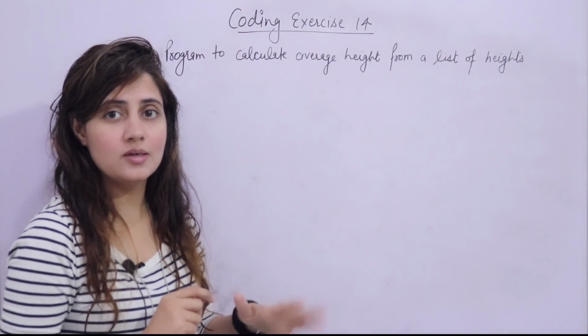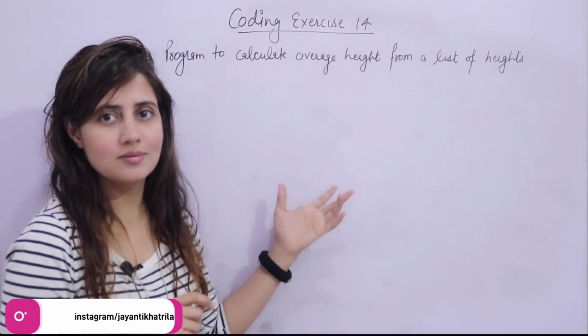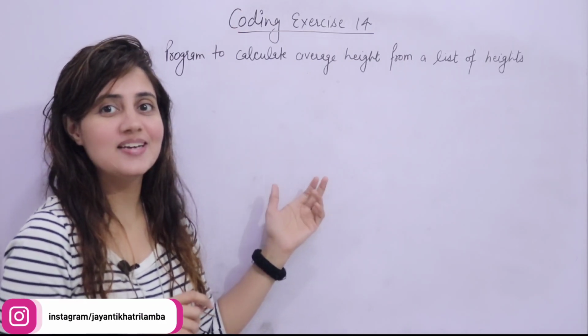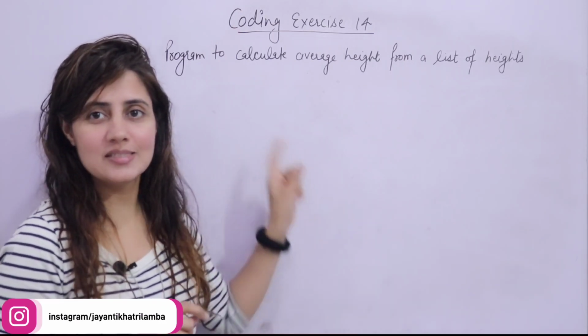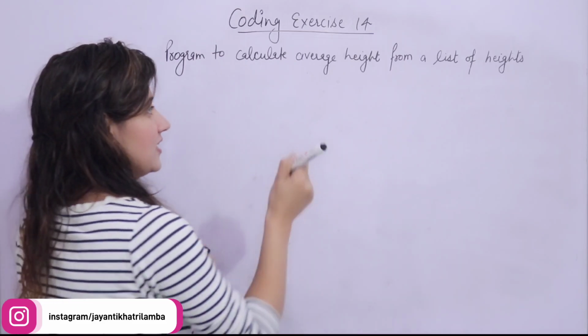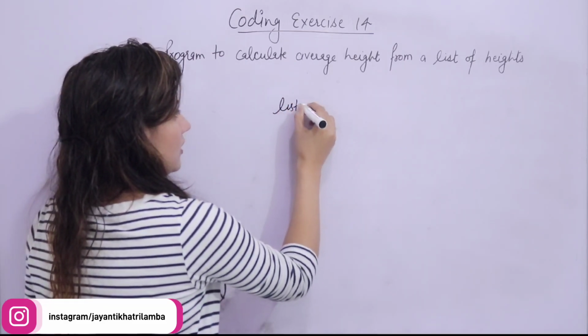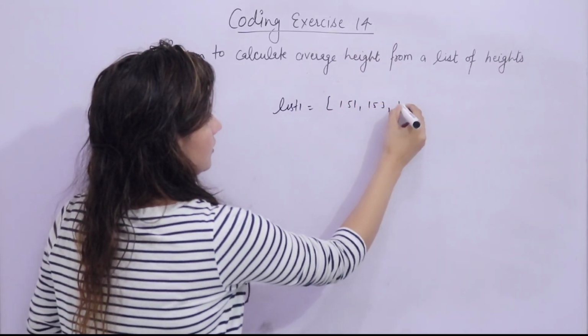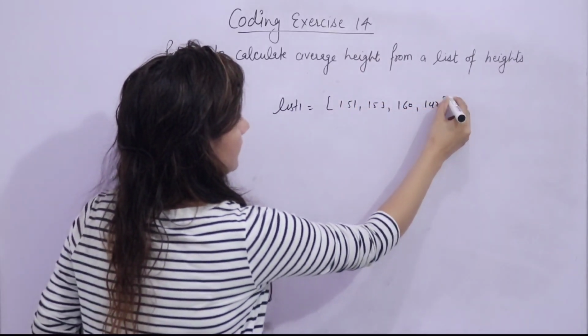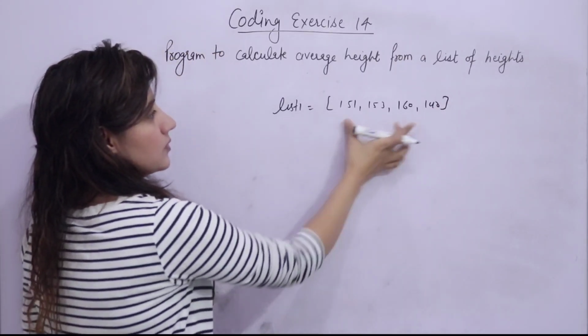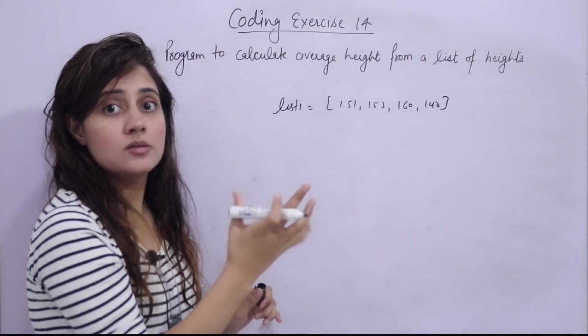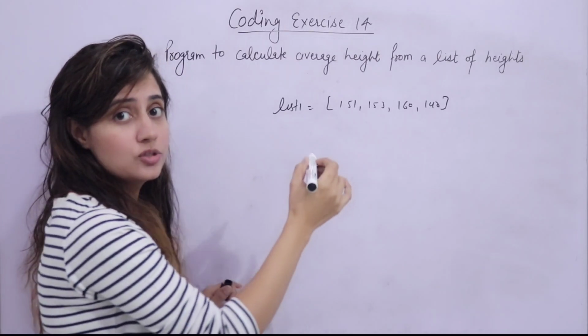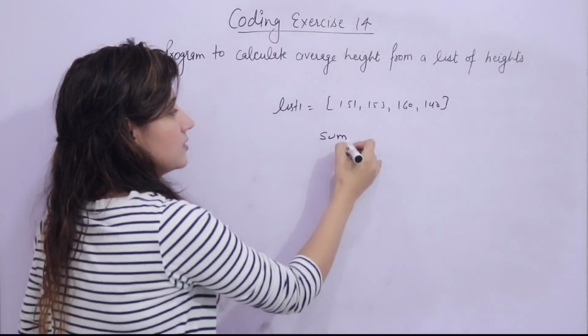Maybe you are thinking it's very simple. Yeah, definitely it's very simple, but there is some twist. It's not like you just take a list of heights, something like this, like list 1 I'm taking, and here we can take some heights like 151, 53, 60, 140. And then what? Sum of these heights, we have an inbuilt function in list, that is sum.